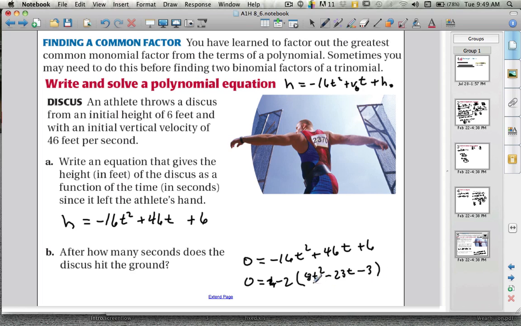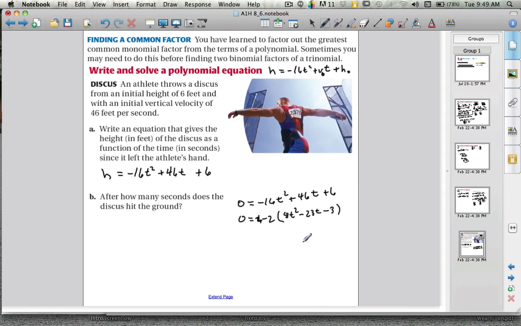Okay, now when I want to go ahead and factor this, I know that I'm going to be working with factors of 8, 1 and 8, or 2 and 4, and the factors of 3, 1 and 3. And I know in my binomials the signs are going to be different. Right? I know there's going to be a t plus, and I know I'm going to have a t minus.